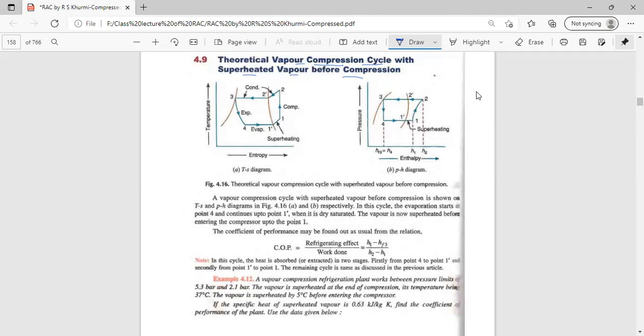Here the vapor compression cycle with superheated vapor before compression is shown on the T-S diagram, with S on one axis and T on the other. The refrigerant is entering the compressor in a superheated state.